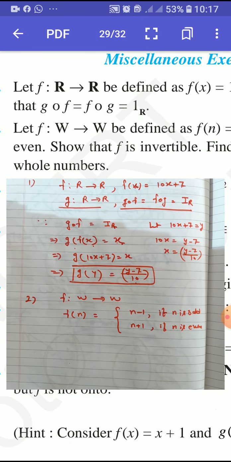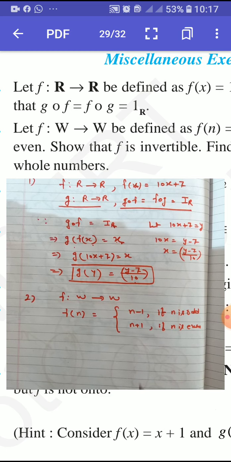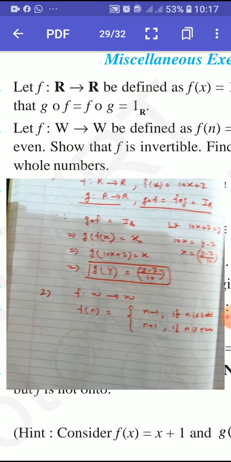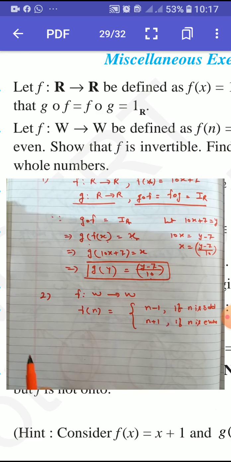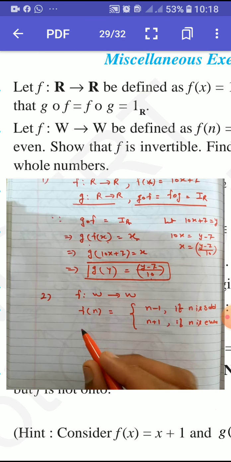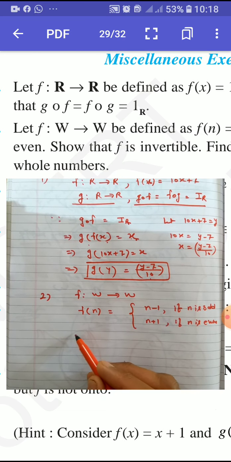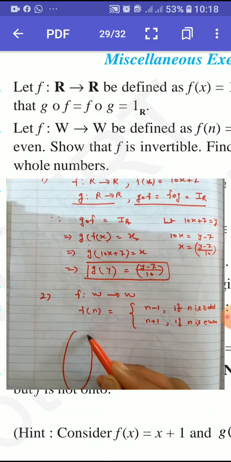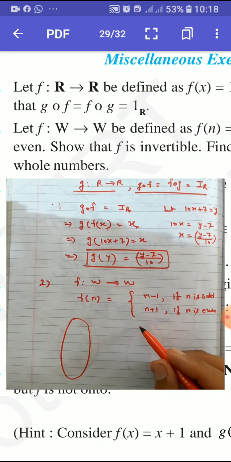In this question, to find out whether the given function is invertible, we have to find out whether it is one-one and onto. At first we will check it for one-one. Okay, let us see how to solve this question. We can understand this question before solving it with the help of a diagram. You can see this diagram.